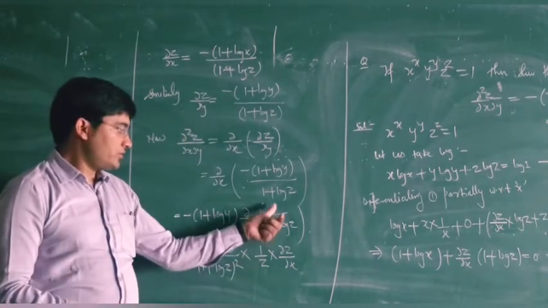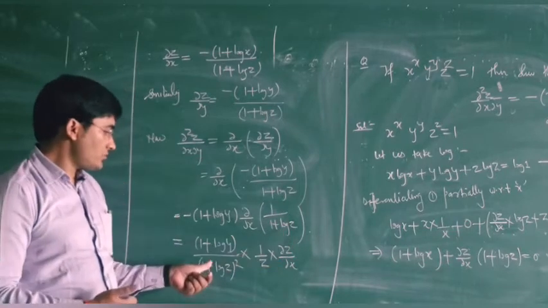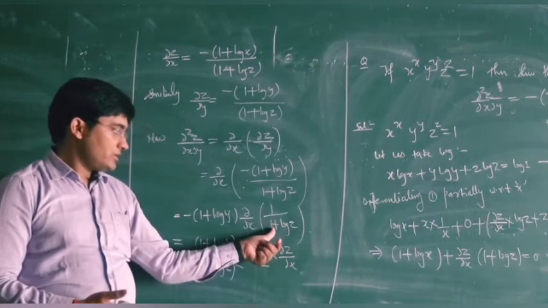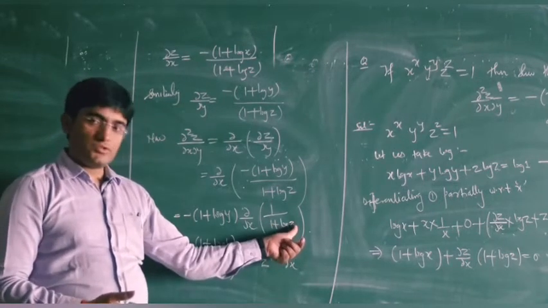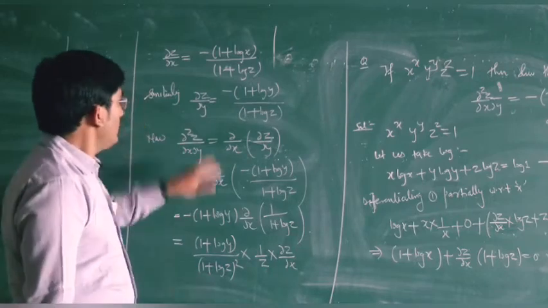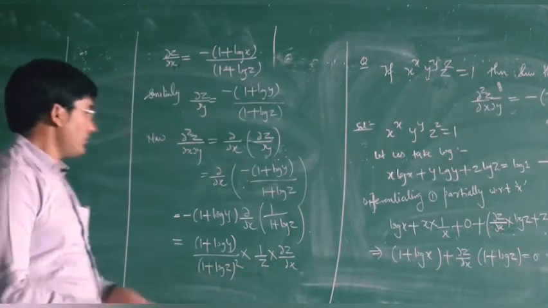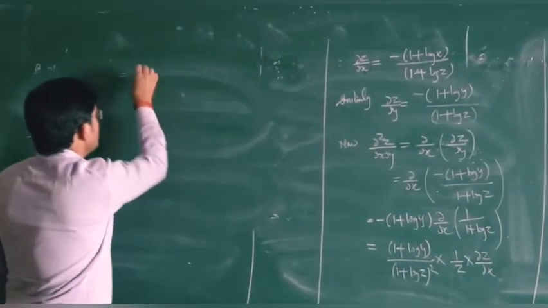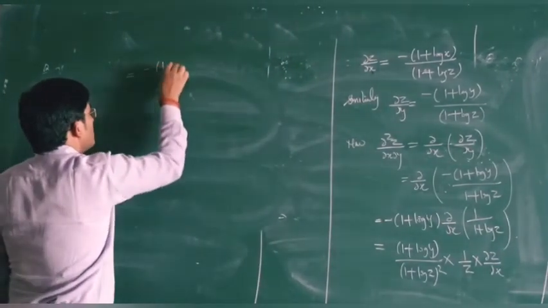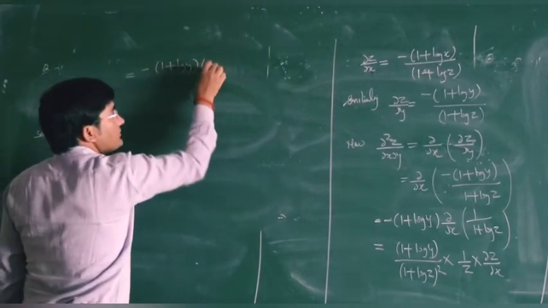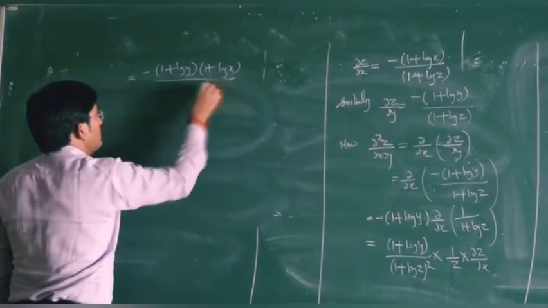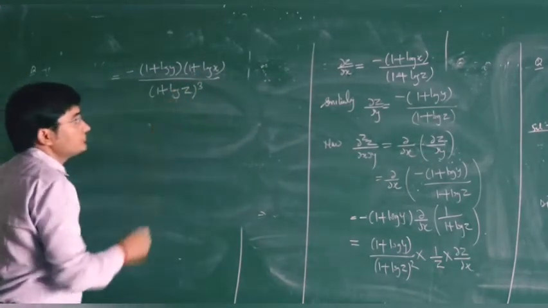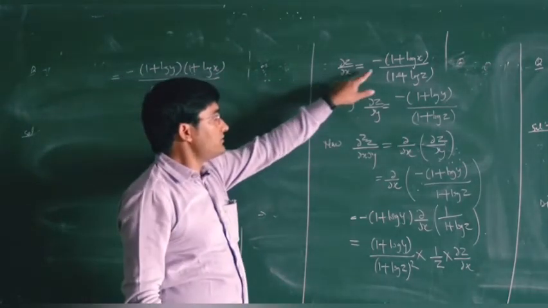Now as we know that the differentiation of 1 upon x is minus 1 upon x square, so we have this term, and then the differentiation of this term is equal to 1 upon z, and then differentiation of z will be del z upon del x. Now let us put the value of del z upon del x here. So this is equal to minus 1 plus log y into 1 plus log x divided by 1 plus log z whole cube, because our del z upon del x is this one.